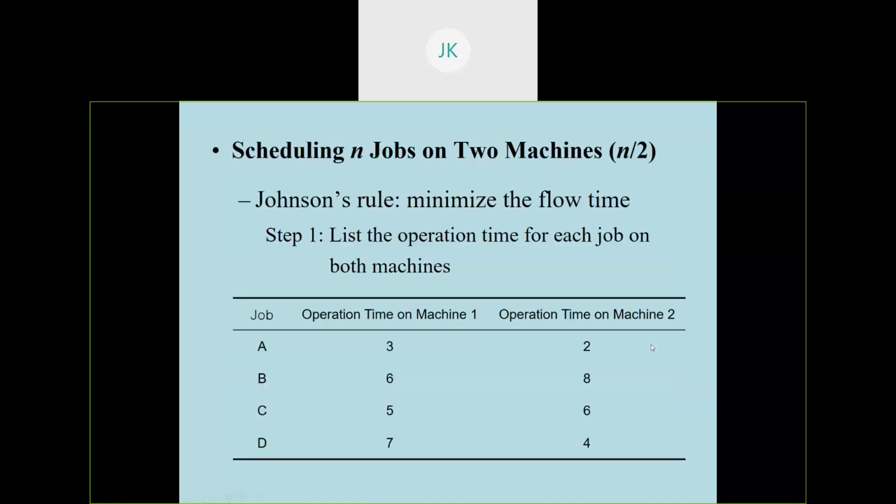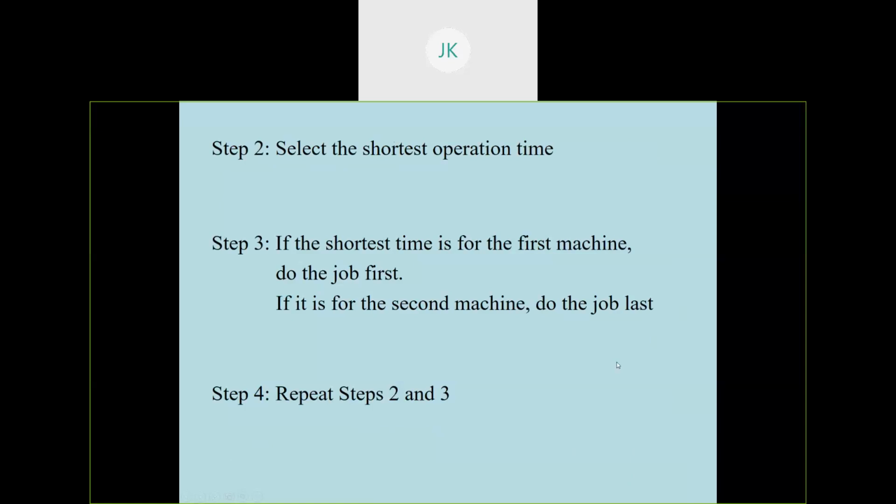From this example, the shortest time among operation times is for the second machine, so do the job last, and so on. Then repeat step 2 and step 3.